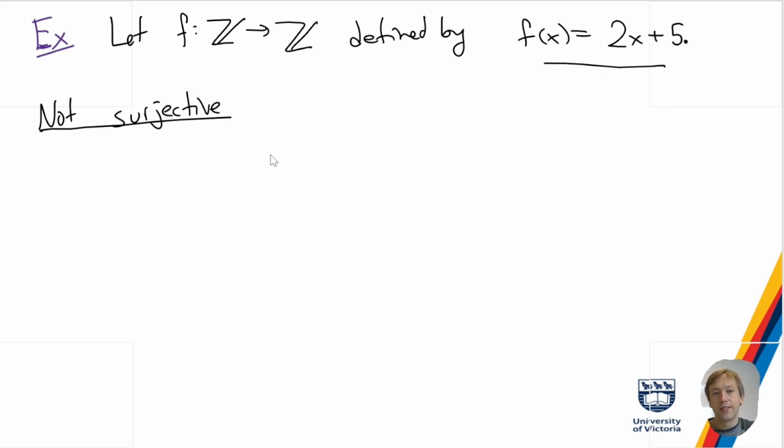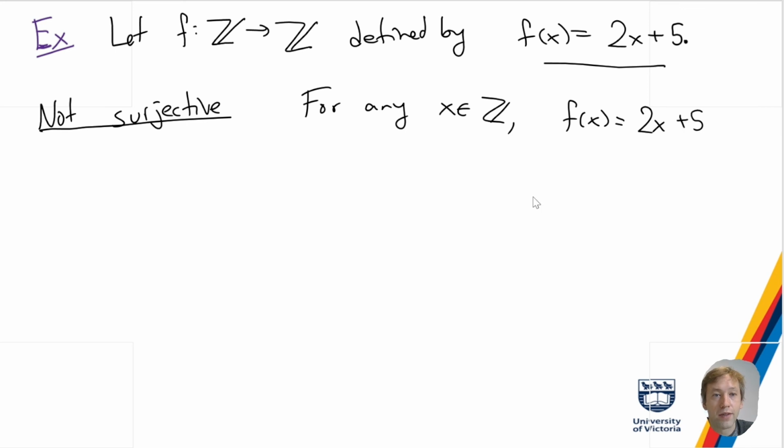The reason is that you can't actually get every integer by applying f to some integer. So it's not the case that every number is in the range of f. A key thing here is that for any x in the integers, if I take f of x, that's going to be 2 times x plus 5, and this is always going to be odd, because it's 2 times a number plus 5.